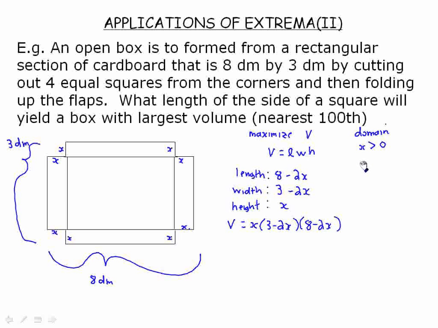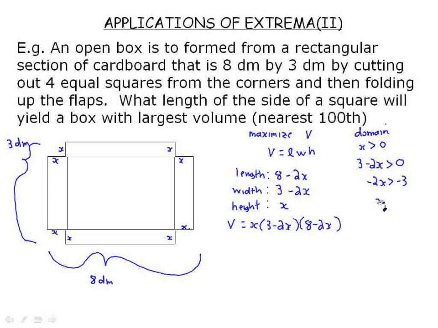But that's not it. We should also note that 3 minus 2x has to be greater than 0. This just makes sense: there has to be some width. So if the width is 3 minus 2x, it has to be greater than 0, so minus 2x is greater than negative 3.